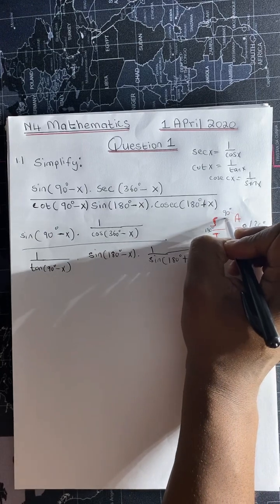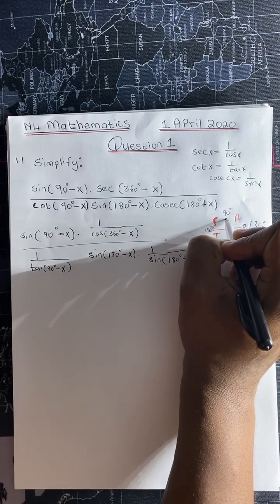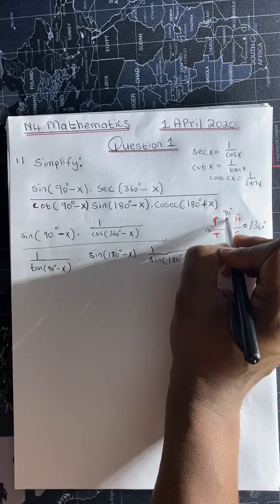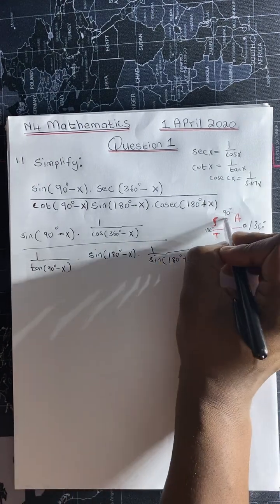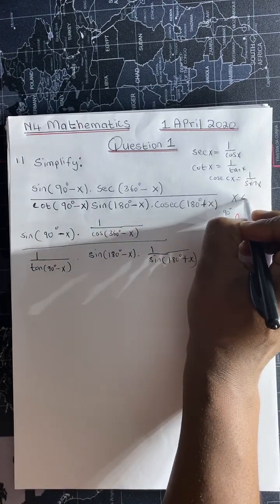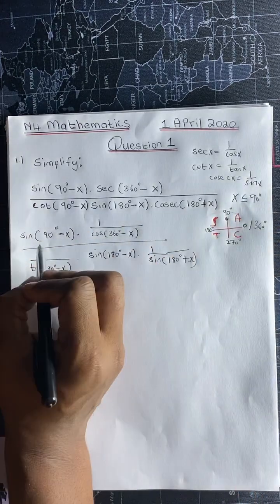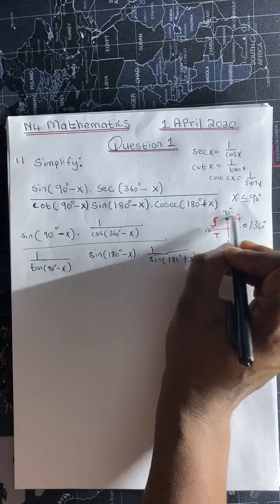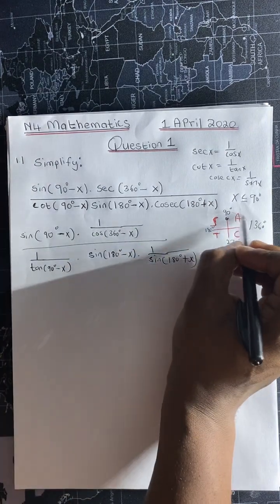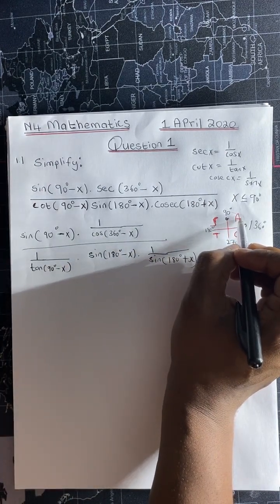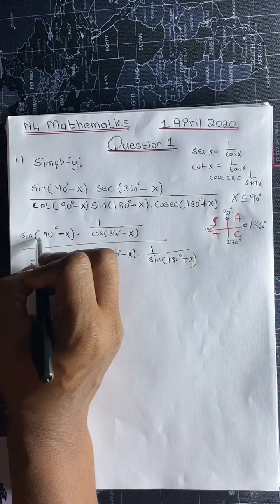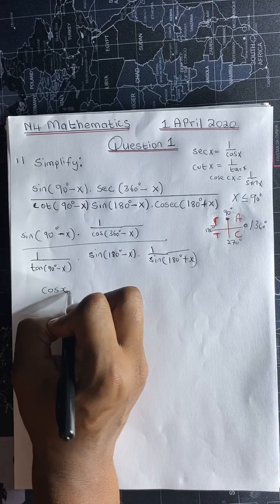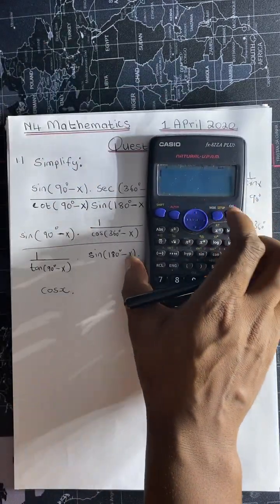We know that we have sine of 90 degrees here, so the 90 degrees is here. Anything that you subtract it with, in this case the x will be less than or equal to 90 degrees. So when you subtract from this 90 degrees, it will fall in this first quadrant, and in this first quadrant all of them are positive, but sine of 90 minus x we can write as cos x because of our complementary angle.